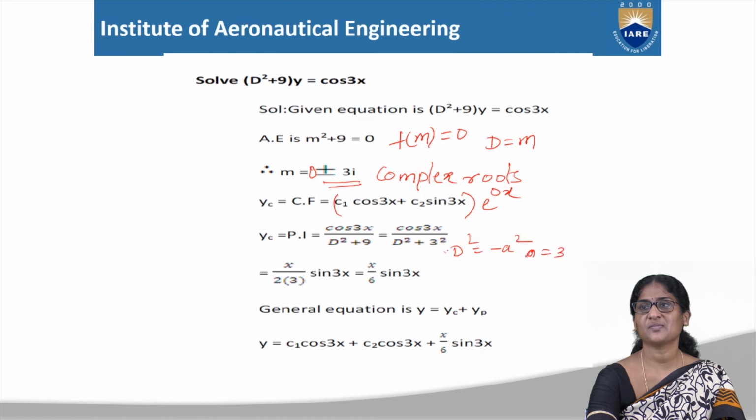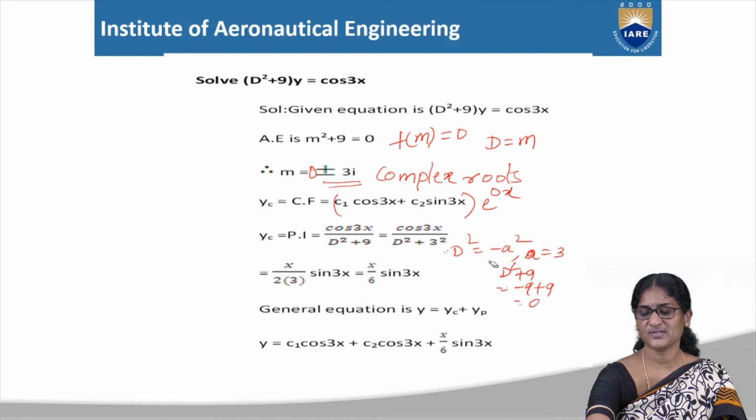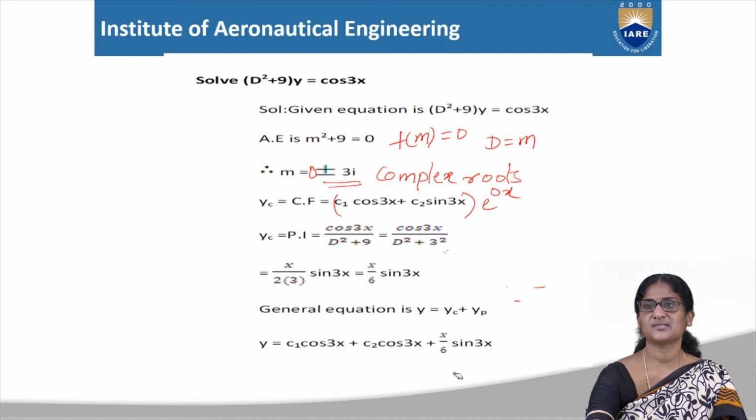But if I substitute here, d square plus 9 gives minus 9 plus 9, which becomes 0. So I should not use this direct substitution of d square is equal to minus a square. Instead I can use the formula x by 2a into sin 3x, which is x by 2a.